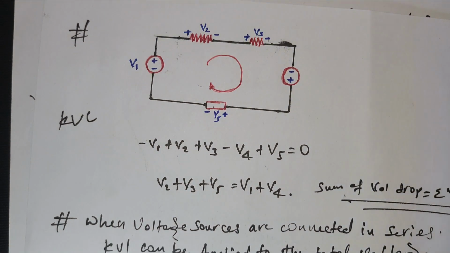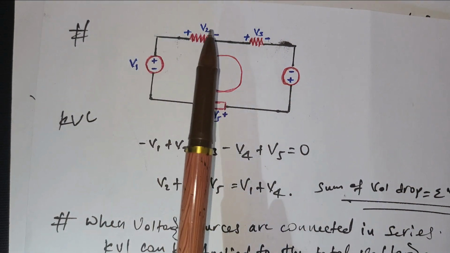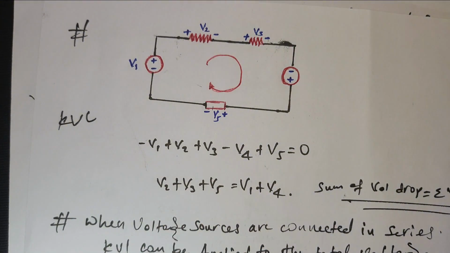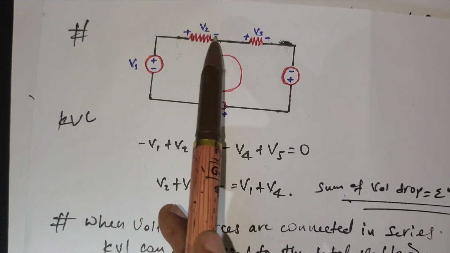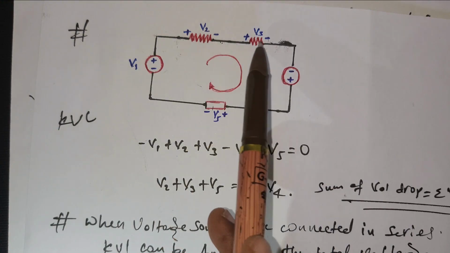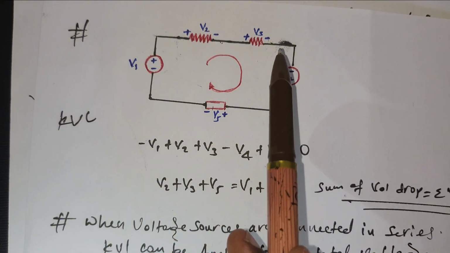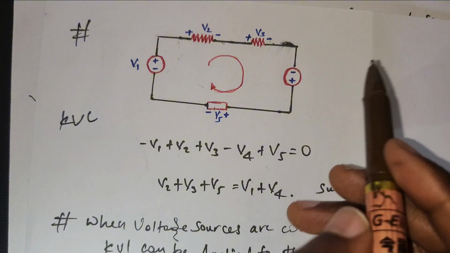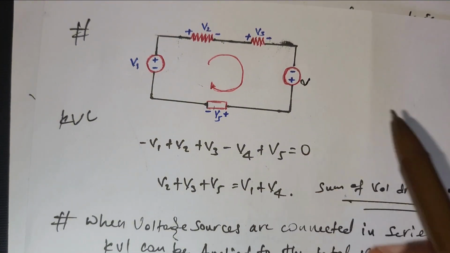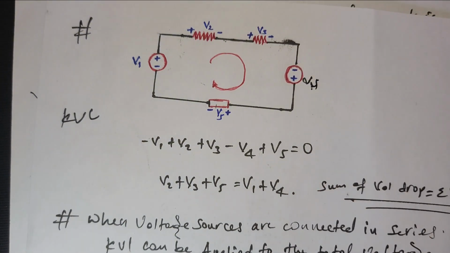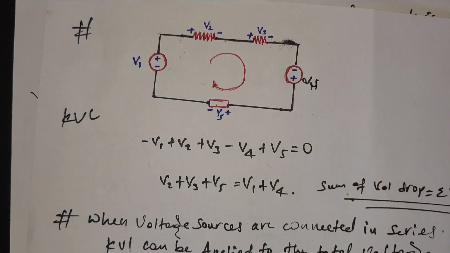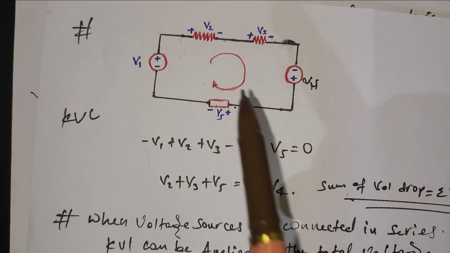As you see, V1 is a source, V2 is some kind of element, a voltage across a resistor. V3 is another voltage across a resistor. V4 we have here a source.